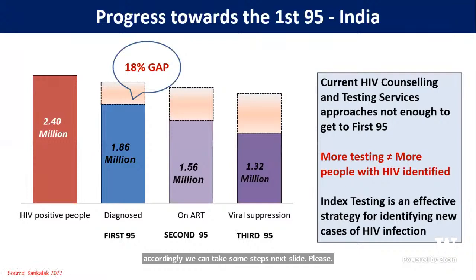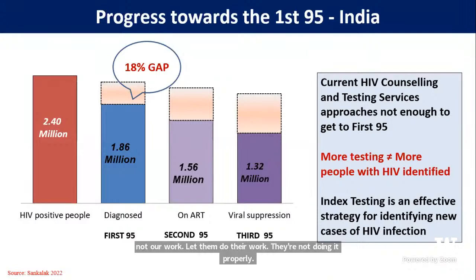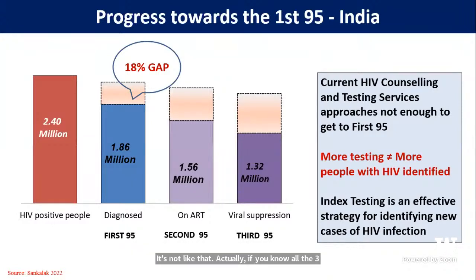Like I said, there is a gap in terms of first 95 achievement, and sometimes people say the first 95 is the work of ICTC, and the second and third 95 is the work of ART center. It's not our work, let them do their work, they are not doing it properly. It's not like that actually. All the 95s are actually calculated from the ART MPR only, and everything is interrelated.